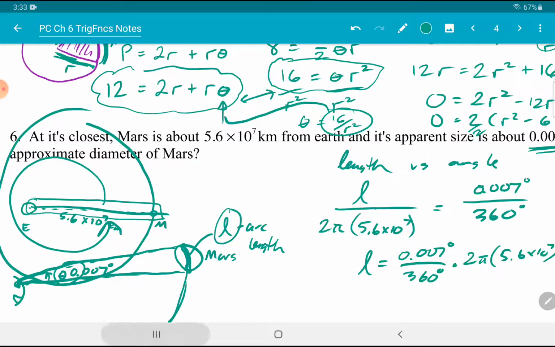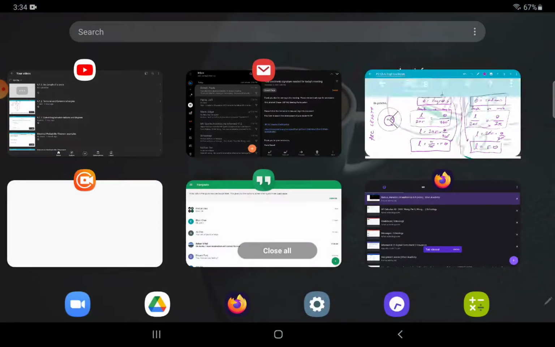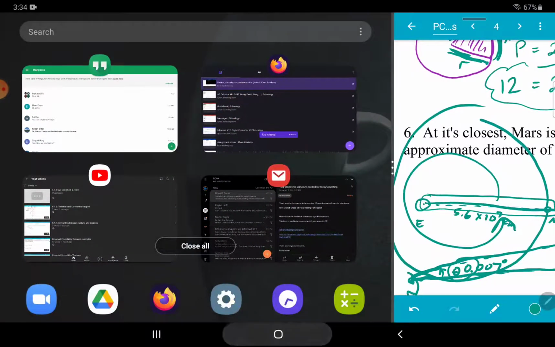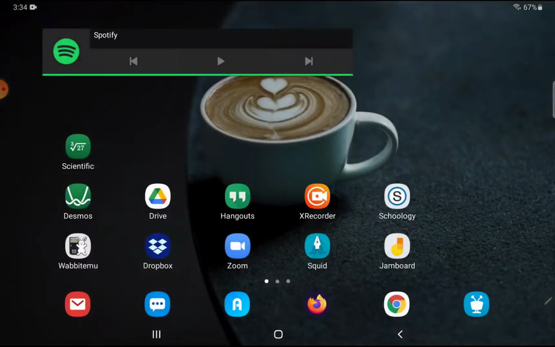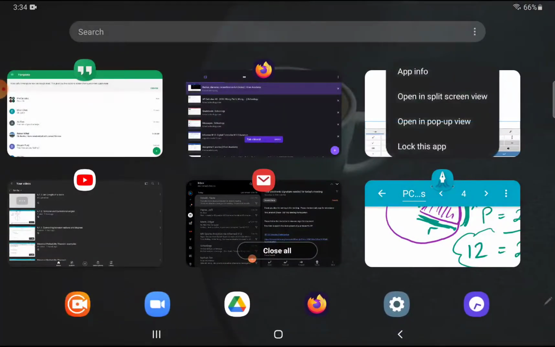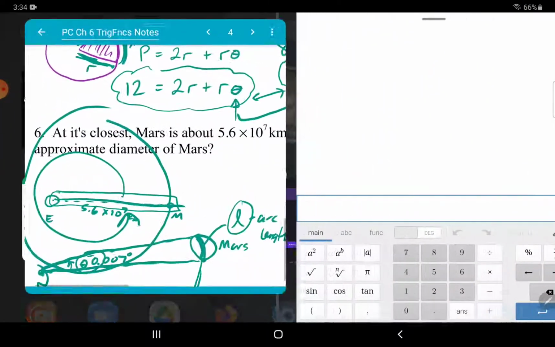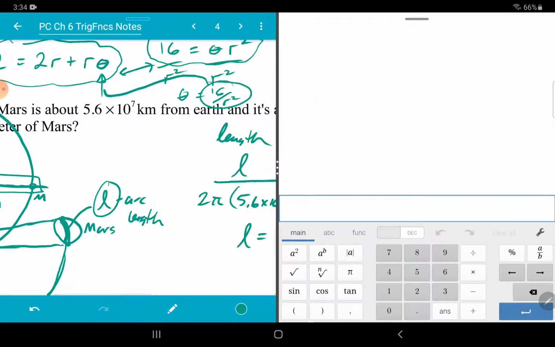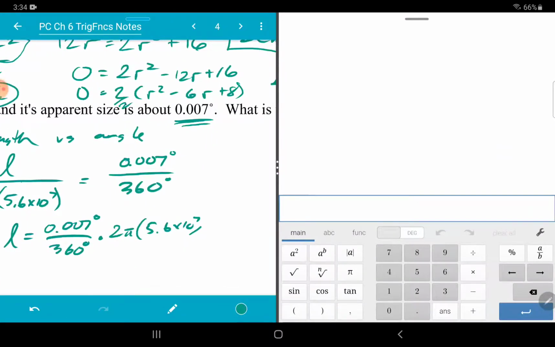Okay, so going ahead to enter that into the calculator. I'm going to go ahead and do that now. There we go. Okay, so what do we have here? 0.007 times 2 pi times 5.6 times 10 to the 7th.